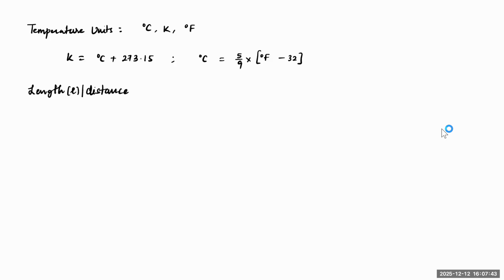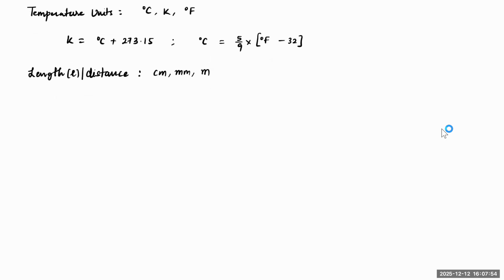Next, if it comes to length or distance, typically we measure them in centimeters, millimeters, meters. But more than that, because we are going into a minuscule scale, you will come across 1 centimeter, which is approximately 10 raised to power of 8 Angstrom units.